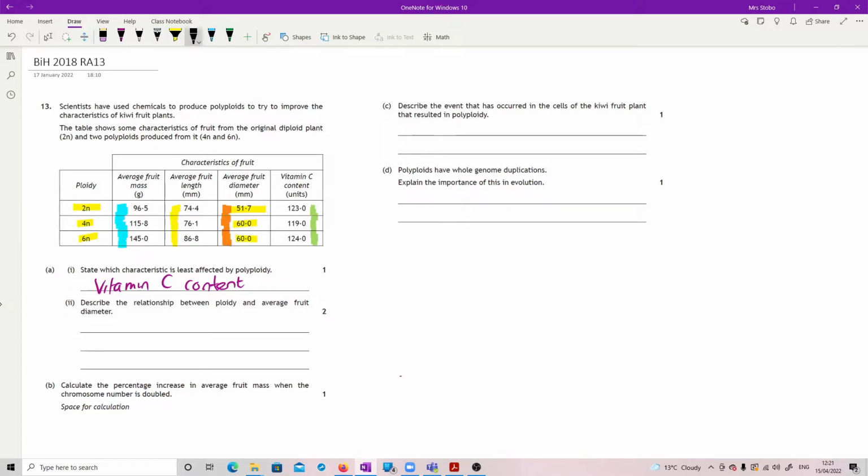Okay. Calculate the percentage increase in average fruit mass when the chromosome number is doubled. So average fruit mass, we're going here. The chromosome number is doubled. I have to use my 2 and my 4. So I've gone from 96.5 to 115.8. Okay. Percentage increase is the same as any percentage change.